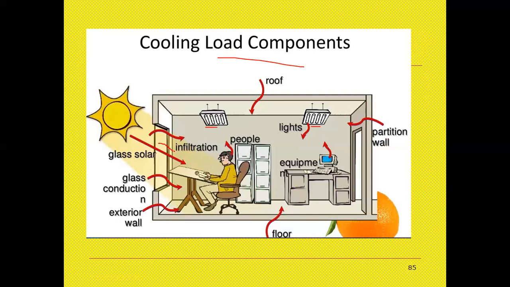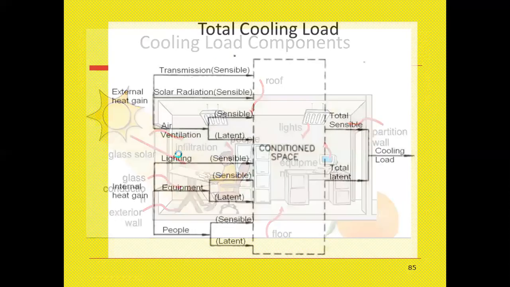Infiltration means coming of air inside the room, and the glass conduction. Then the exterior wall, kept ready during construction, and the sunlight coming from the window directly and falling onto the person. And this is a floor. So these are the cooling load components whenever we are using an air conditioned room.